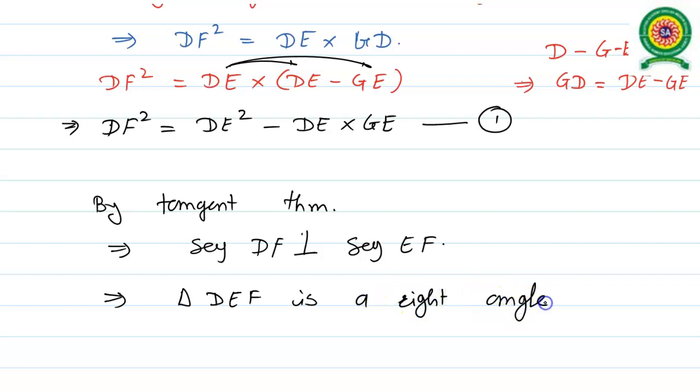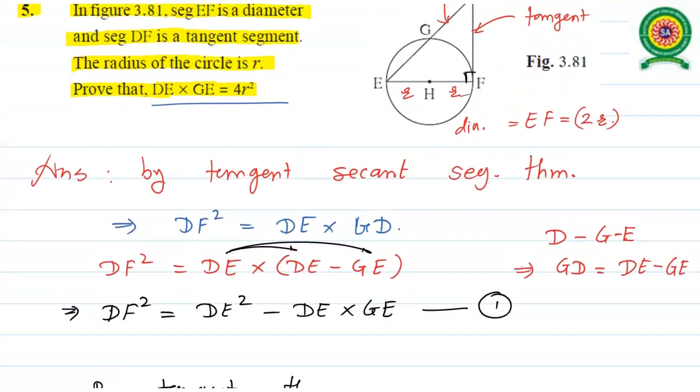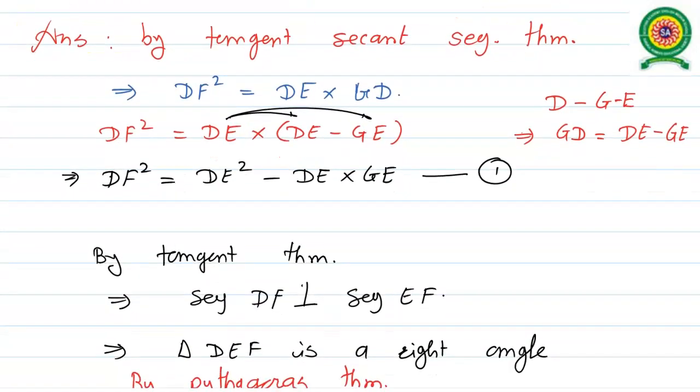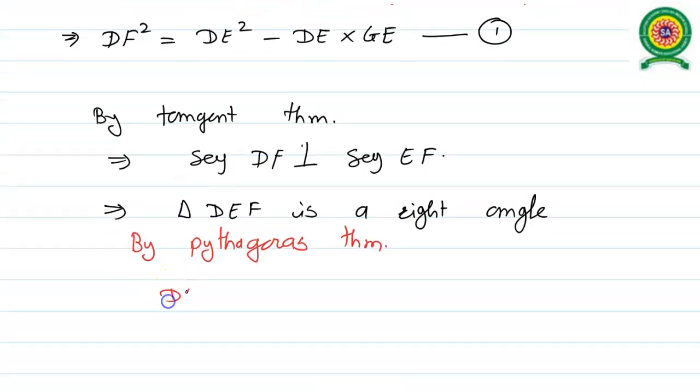And once it is a right angle triangle, we are using the Pythagoras theorem in it. So as per the Pythagoras theorem, look at the figure carefully. For the triangle, whatever be the side opposite to 90 degrees, it is known as the hypotenuse. So we are getting DE square is equal to EF square plus DF square.